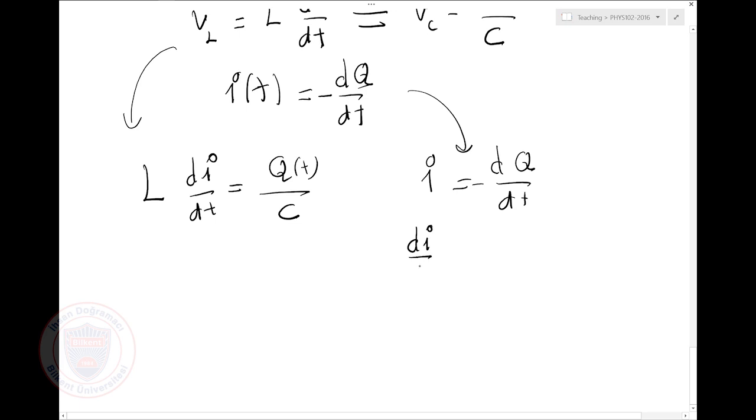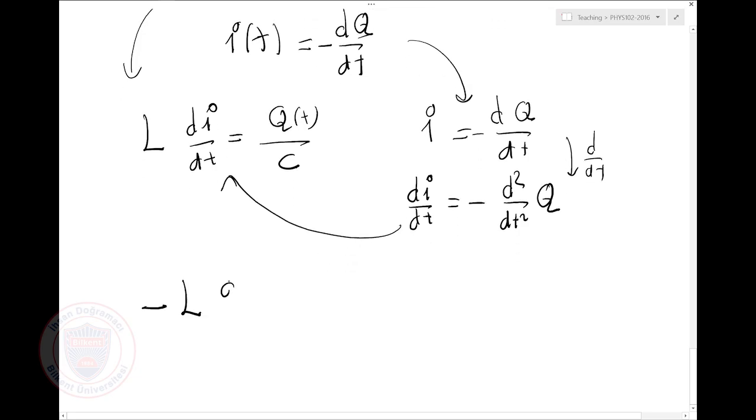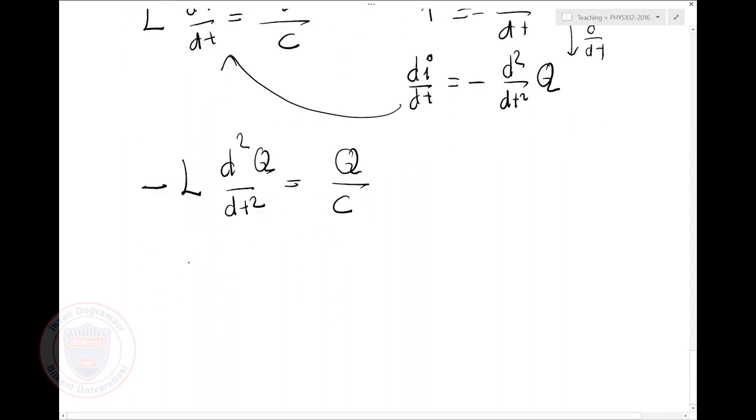What is di/dt? Minus the second derivative of q, right? Just take a derivative of this equation. And now I can feed it back to the other equation. I can say minus L times d squared q/dt squared is q divided by C. Or maybe I can write this nicely.